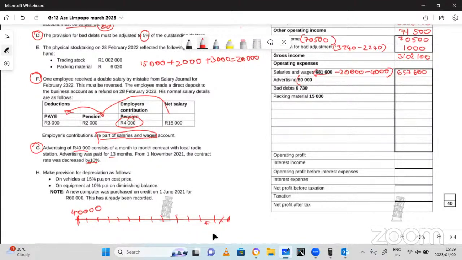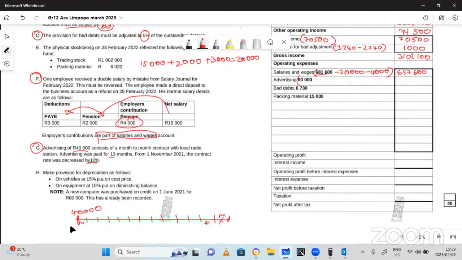So the next year will start in March. If this year ended in February, the next year will start in March.